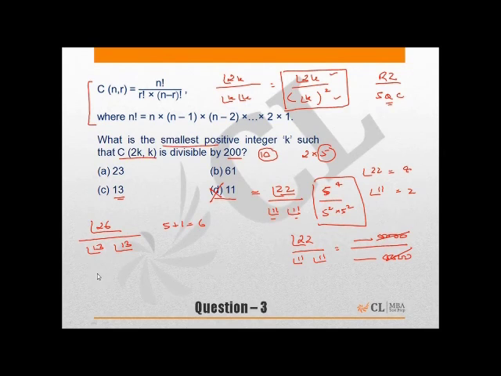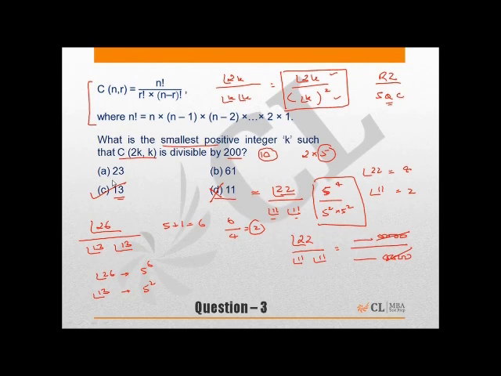So 26 factorial will be a multiple of 5 to the power 6 or 10 to the power 6. 13 factorial, 13 will have 2, so 5 square. Or in other words, this number will have a power of 6 in the numerator and power of 4 in the denominator, or it will be a net power of 2. So the correct answer has to be choice C.